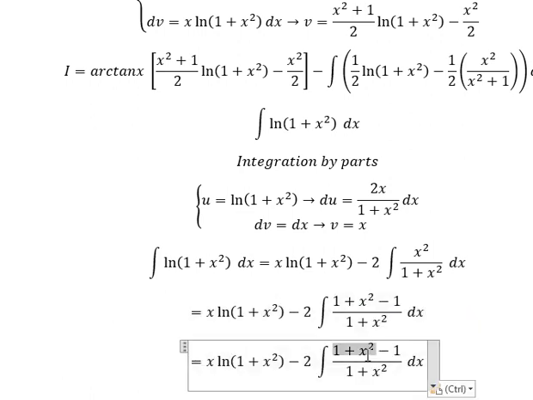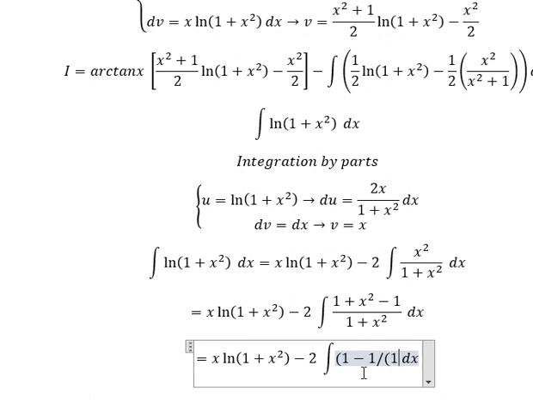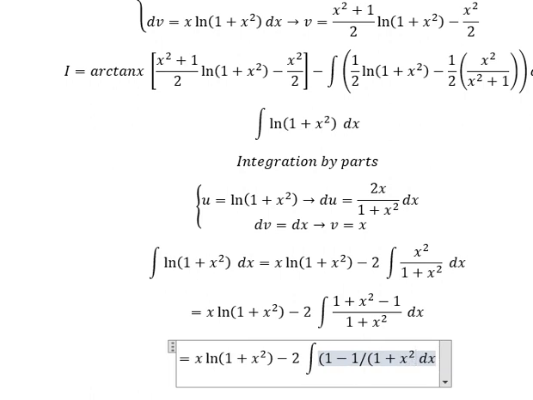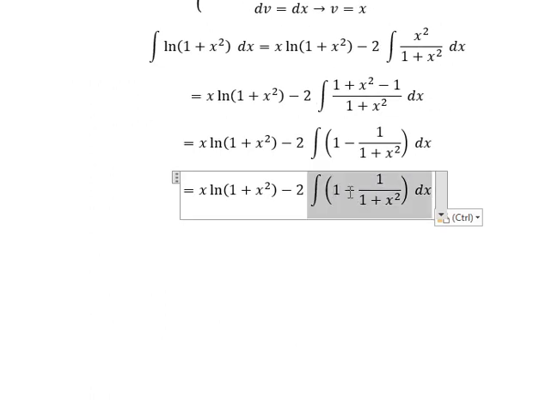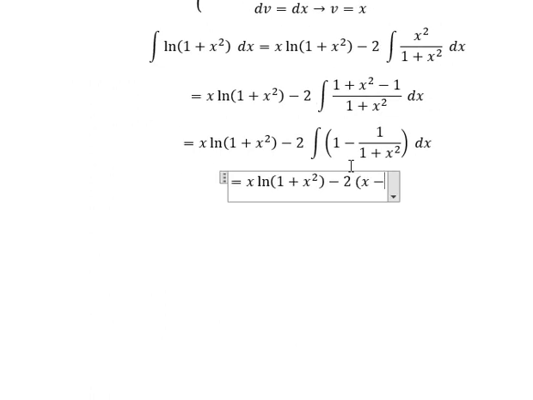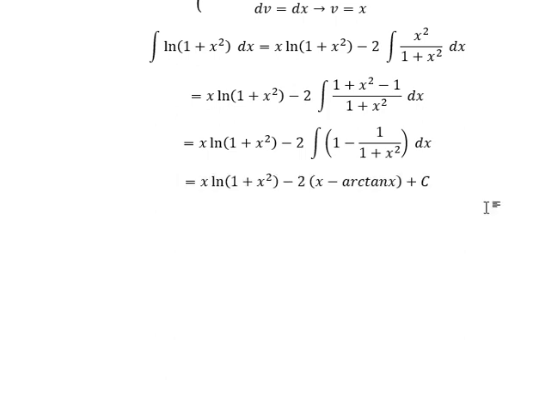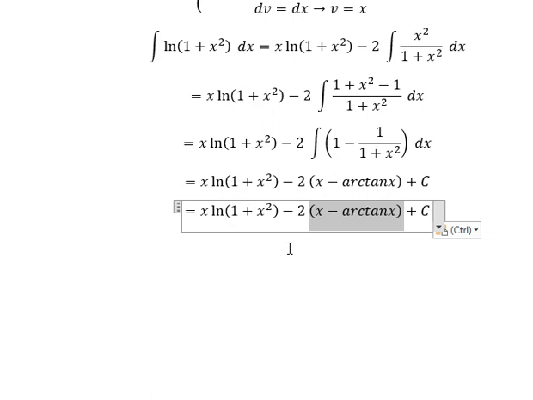So this one divided by this one, we have 1. The integration of 1 is s. The integration of this one is arctan of s, and I will put c. So negative 2 multiplied by this one.